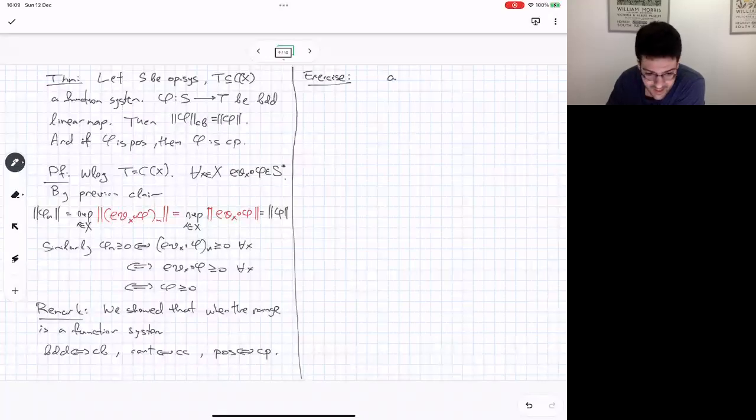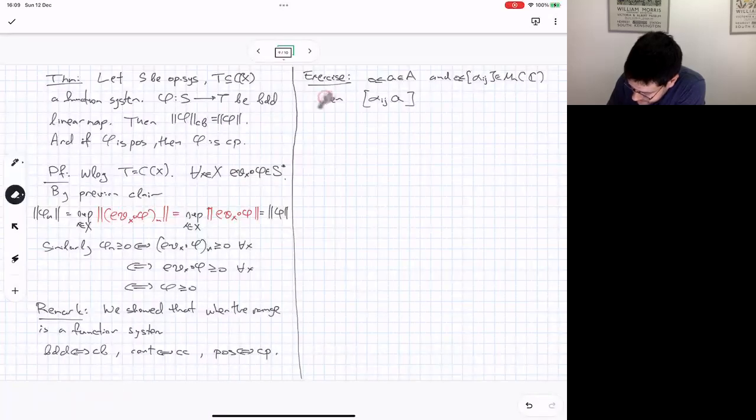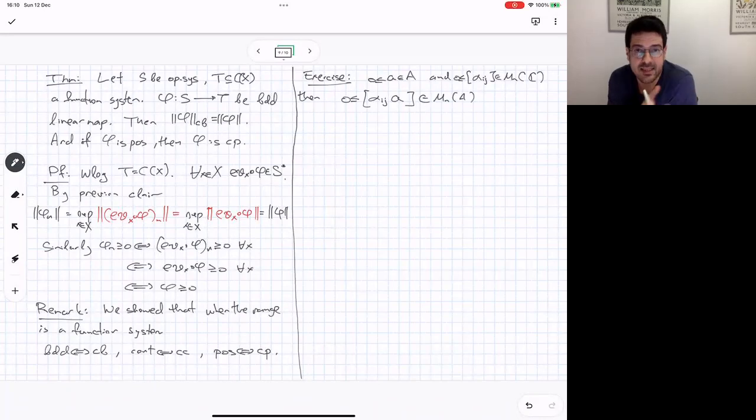If A is a positive element in a C-star algebra, and alpha ij is a matrix of scalars which is greater than 0, then alpha ij A is greater than 0 as a matrix in Mn of A. Now, this is an easy exercise.